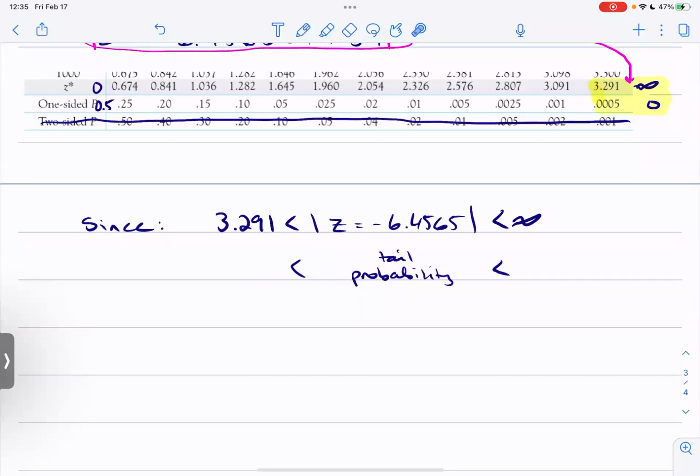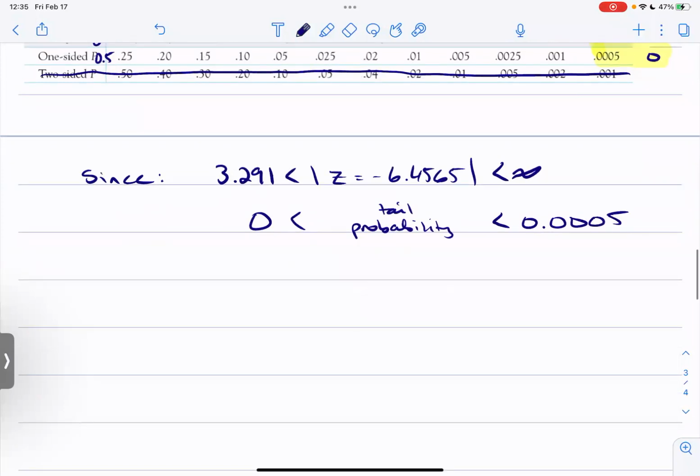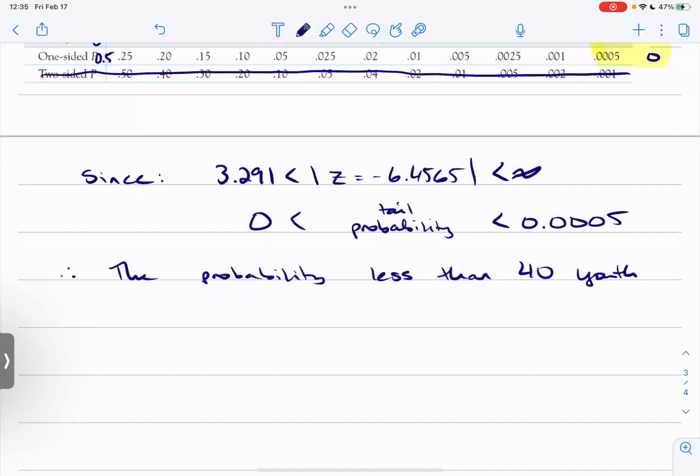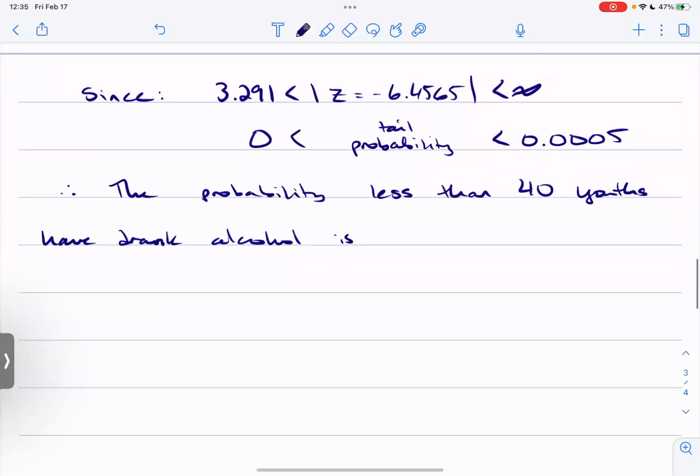So it's greater than 0, but less than 0.0005. Now I can use that and say, therefore, the probability less than 40 youths have drank alcohol is between 0 and 0.0005.